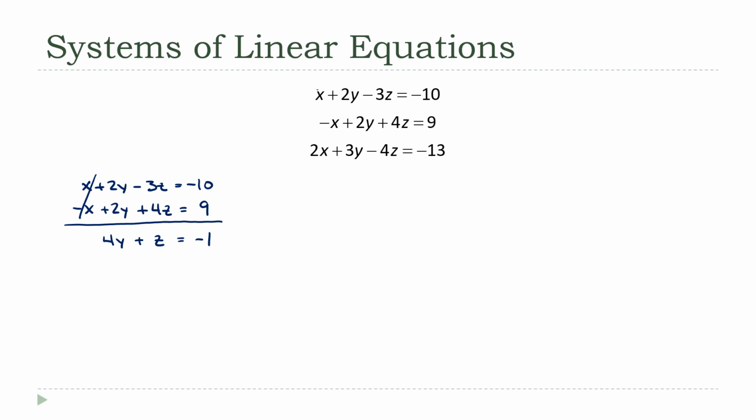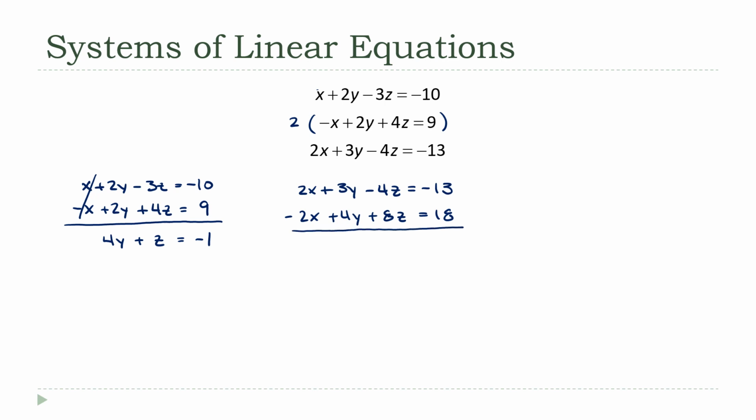So what I'm going to do is take the third equation, 2x plus 3y minus 4z equals negative 13, and I'm going to take the second equation, but I'm going to multiply it by 2. And watch what happens. It becomes negative 2x plus 4y plus 8z equals 18.